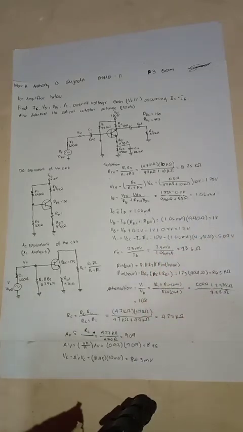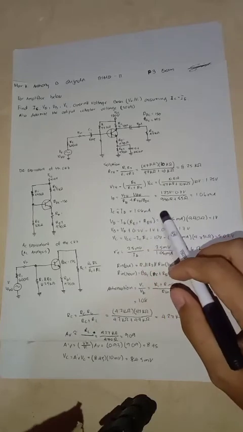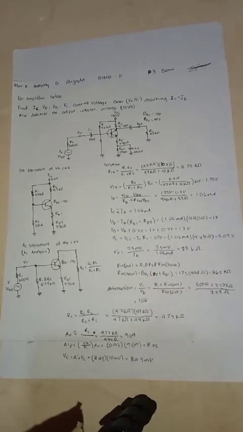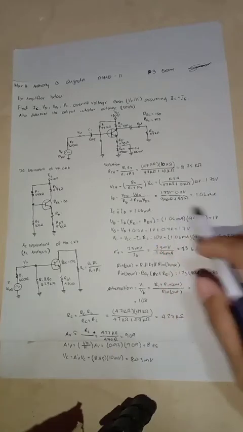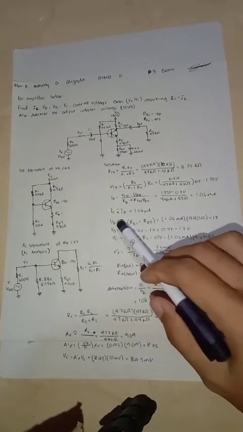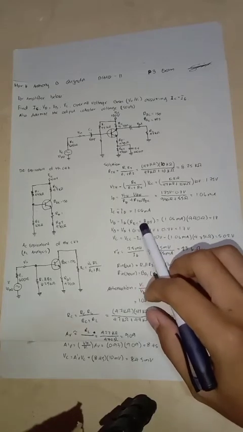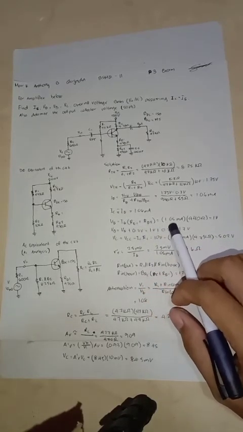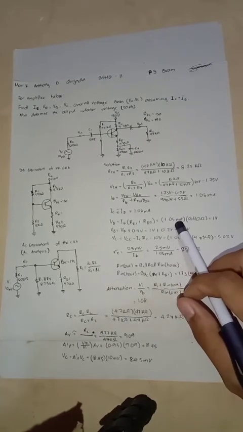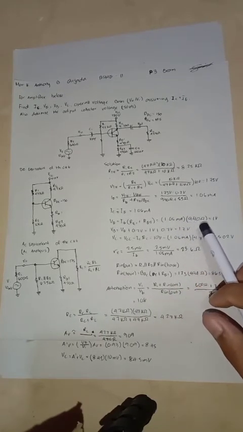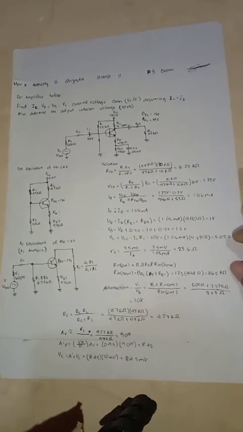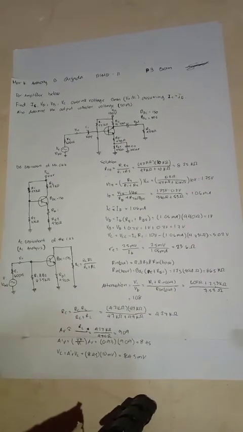Now, as it was stated that IC is equal to IE, we have the value of IC, which is 1.06 milliampere. For our emitter voltage, the formula is IE times RE1 plus RE2, which is 1.06 milliampere times 940 ohms, equal to 1 volt.